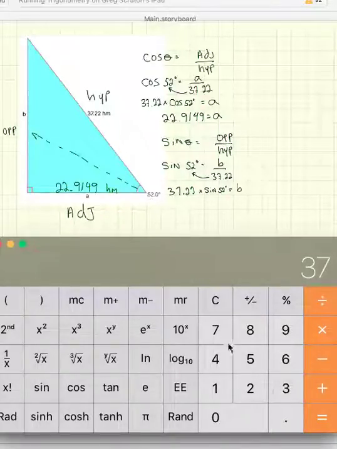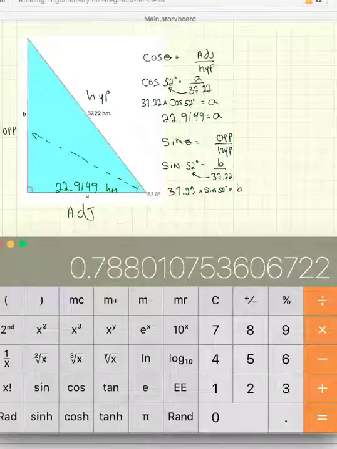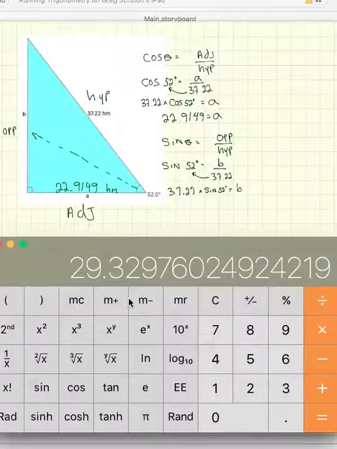So 37.22 hectometers times sine of 52, I put the 52 and then I have to click sine on my calculator. Your calculator might be different. And that is equal to 29.32976.